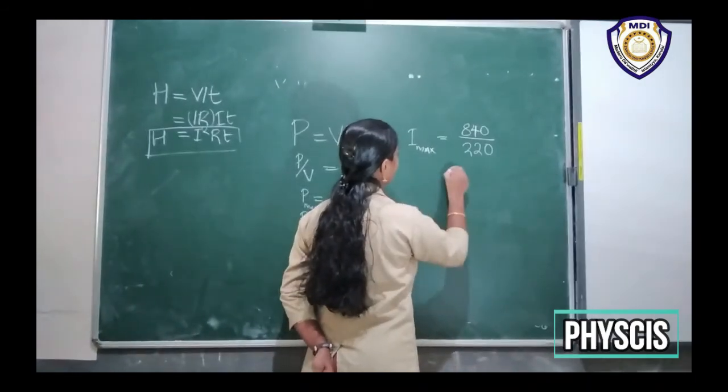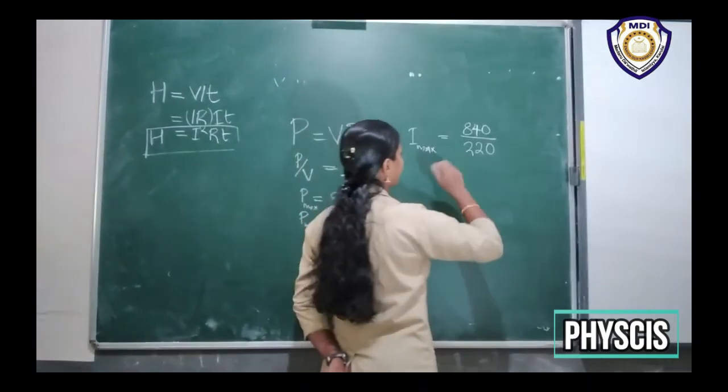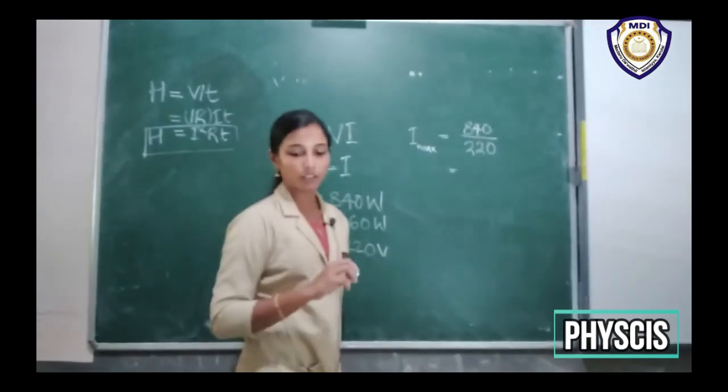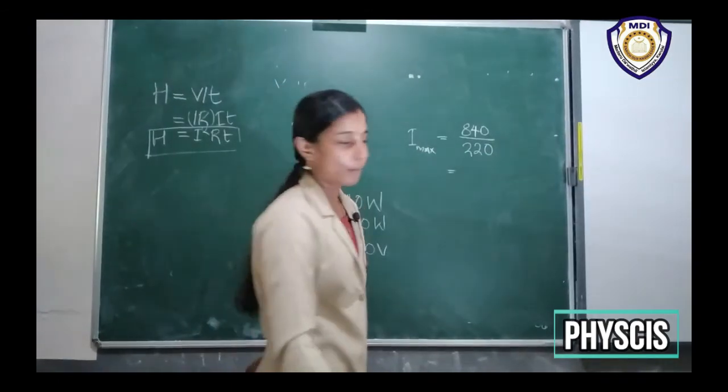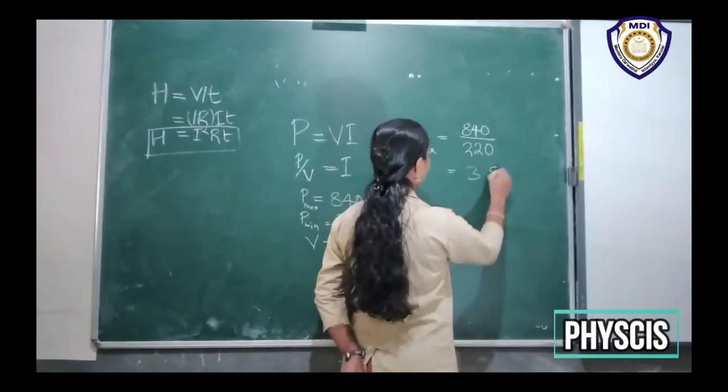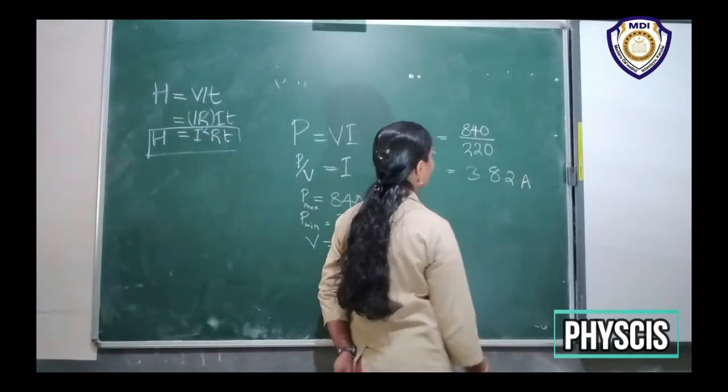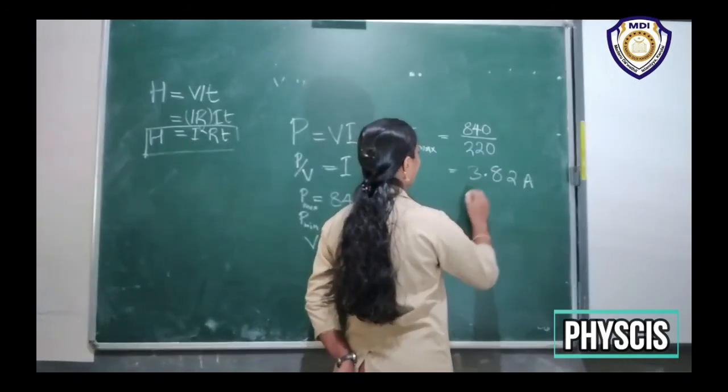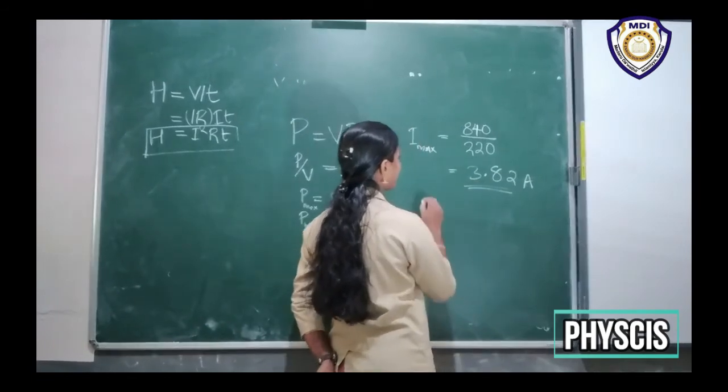Right? Okay. So what will be the value? The value should be 3.82 ampere. Right? The I max is equal to 3.82 ampere.